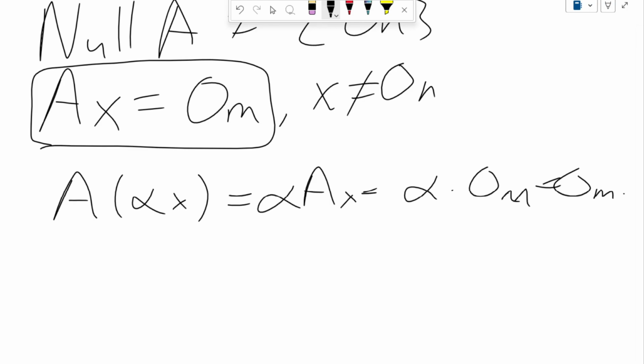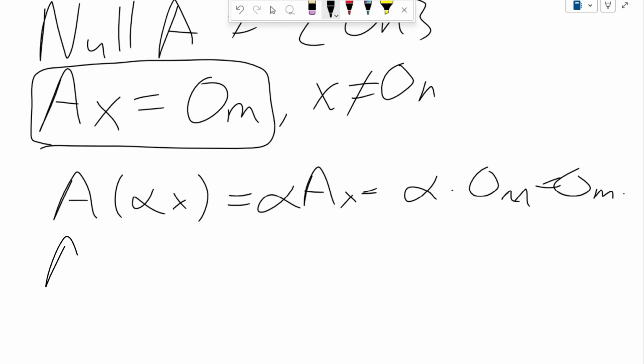So already we have infinitely many solutions. And it turns out that because of this fact, we can now guarantee that every solvable system must also have infinitely many solutions.